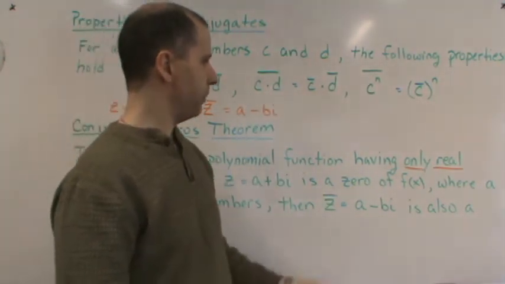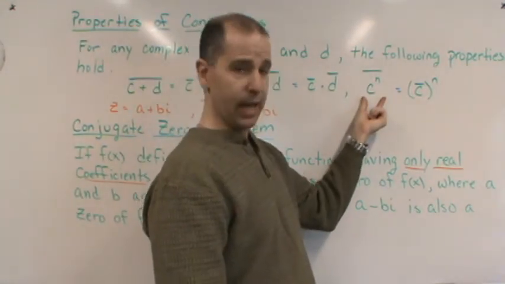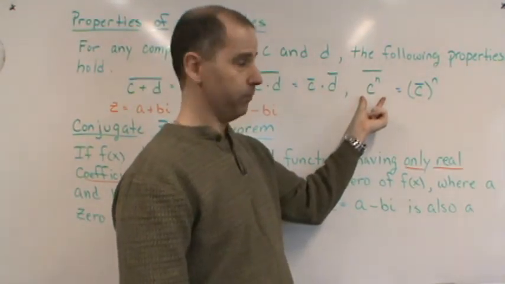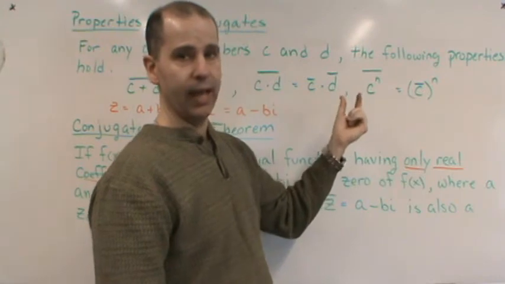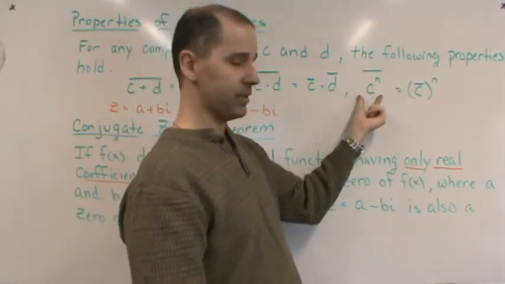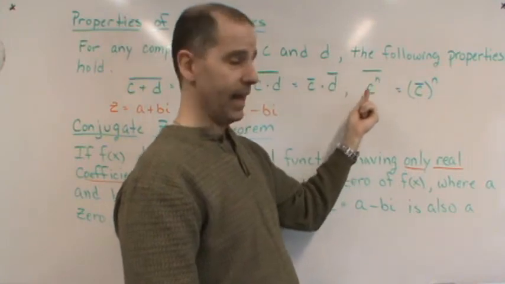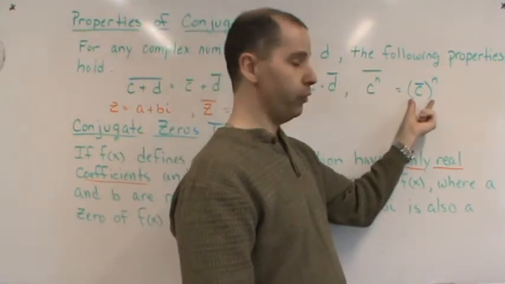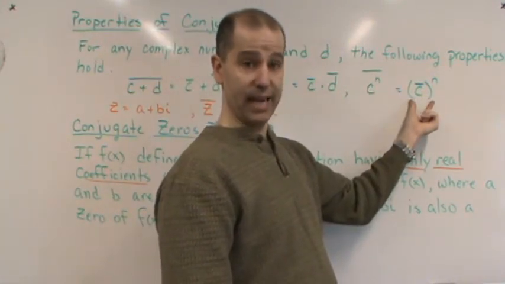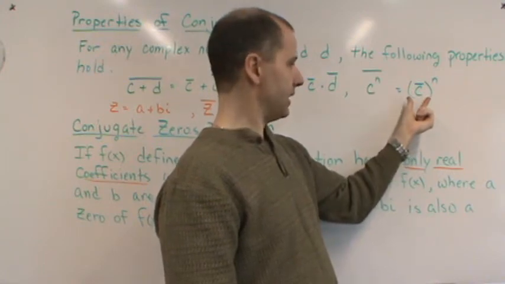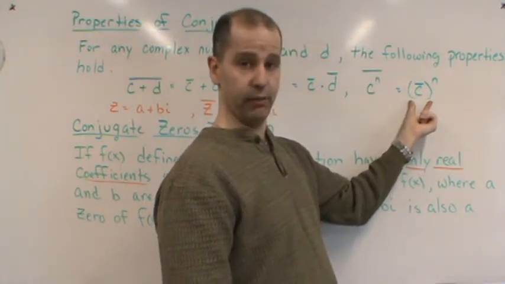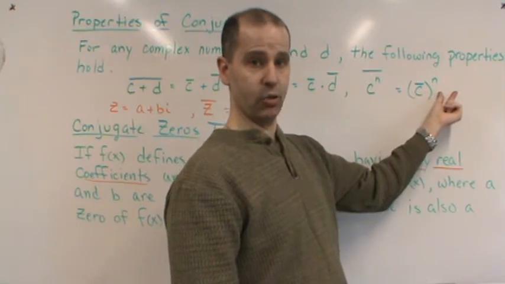And the last property is that we can take any complex number raised to a power and take the conjugate of that. That's going to be the same as if we move the conjugate inside the parentheses. We can take the conjugate of the complex number and then raise it to the power.